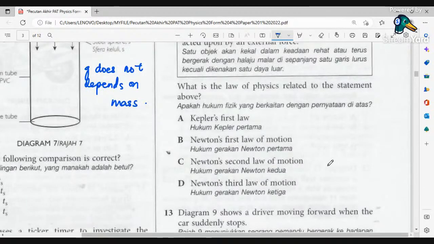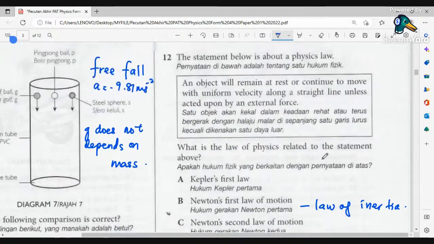Newton's first law, or also known as law of inertia. Object remain at rest, continue its state or original state of motion if no external force act. Jawapan ialah B.